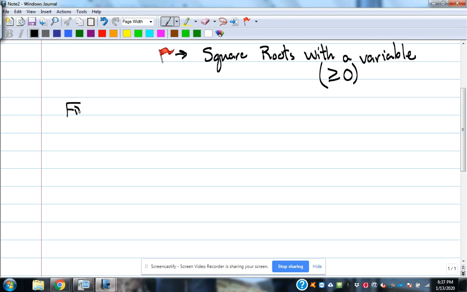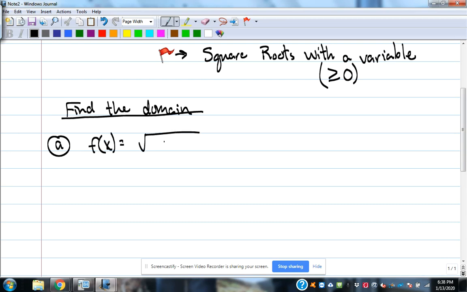And all we're doing here is find the domain. So example A, f of x is equal to the square root of 8 minus 2x, something like that. All right, so there we have a square root with a variable inside of it.